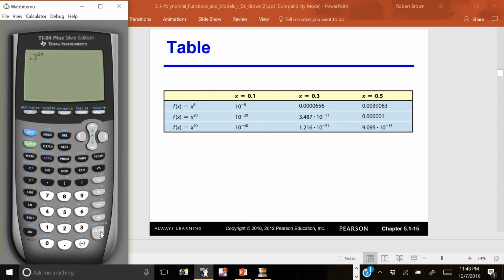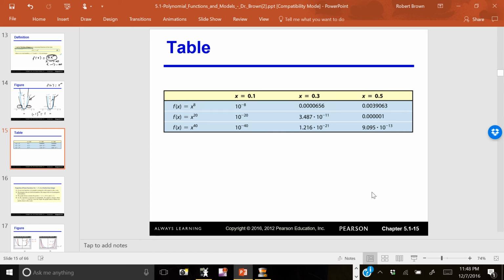Hit enter, and notice we get 3.48679. If you round off to the nearest thousandths, you get 3.487 times 10 to the minus 11. You need to remember how to read scientific notation on your calculator. And you can maybe pause for a second and see if you can do all of these others on your calculator.